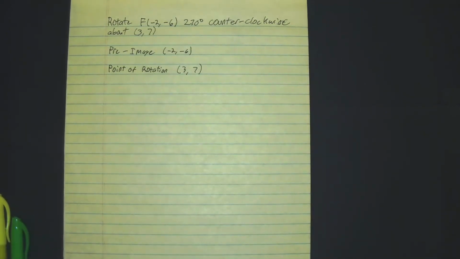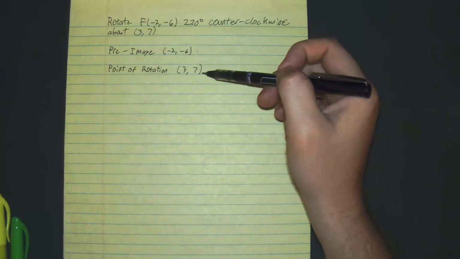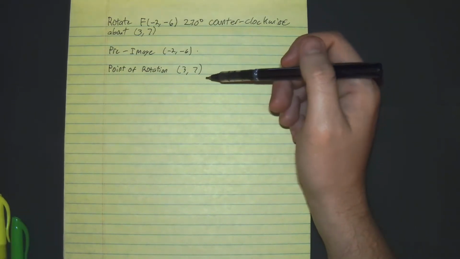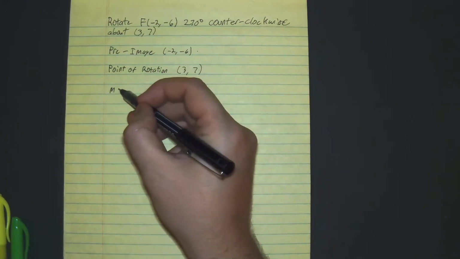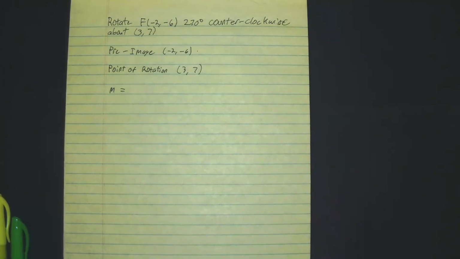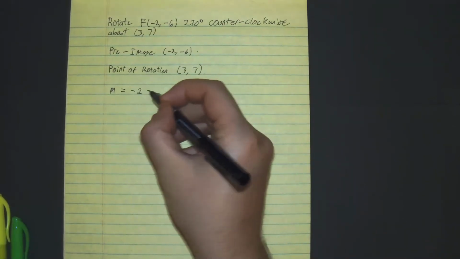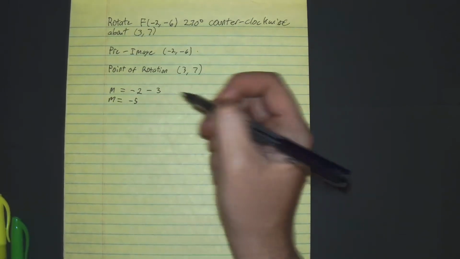Alright, so first I need to figure out what is the relationship of the pre-image to the point of rotation, so I'm going to find the difference. If I want to use the rules of the origin for rotations, then I need to know the difference. So M, we'll call this point in relation to the point of rotation, is equal to -2 minus 3, which gives us M is equal to -5.